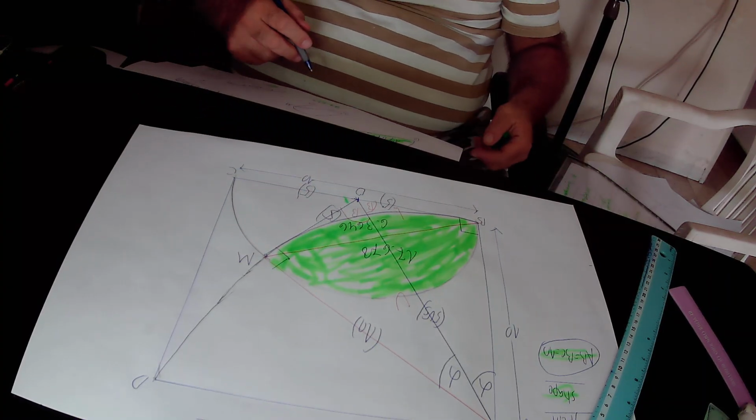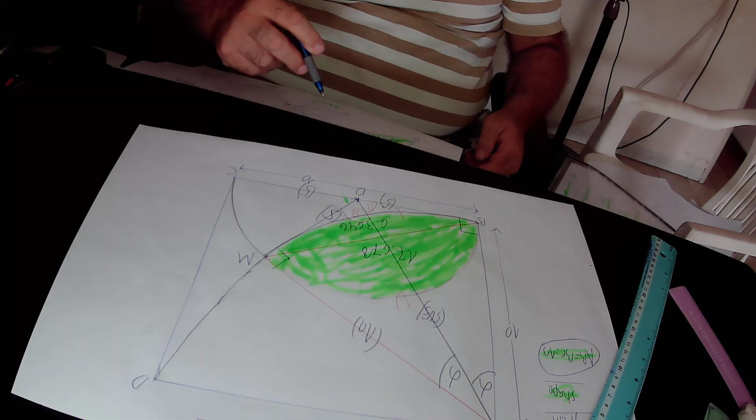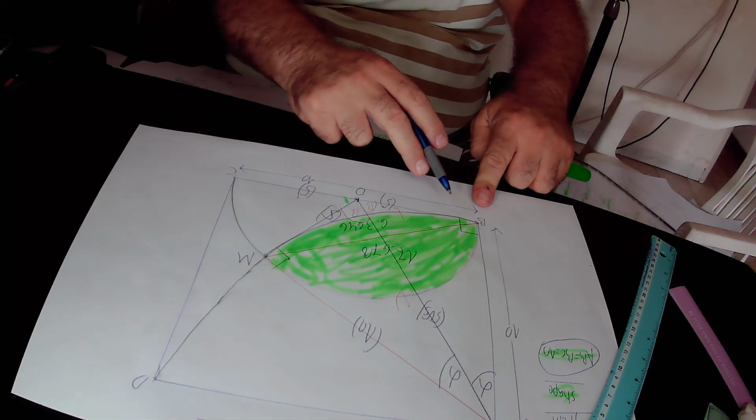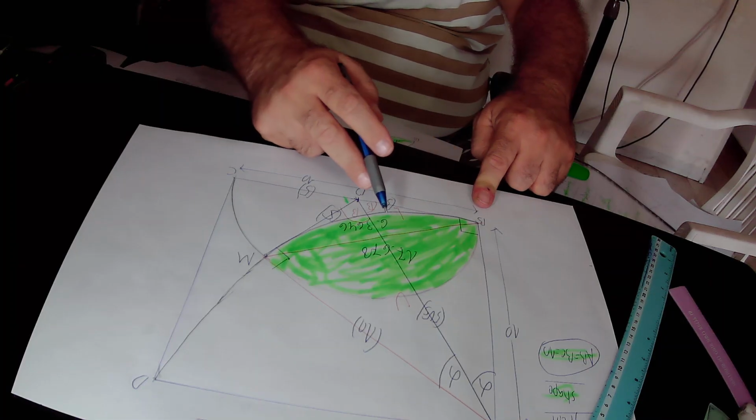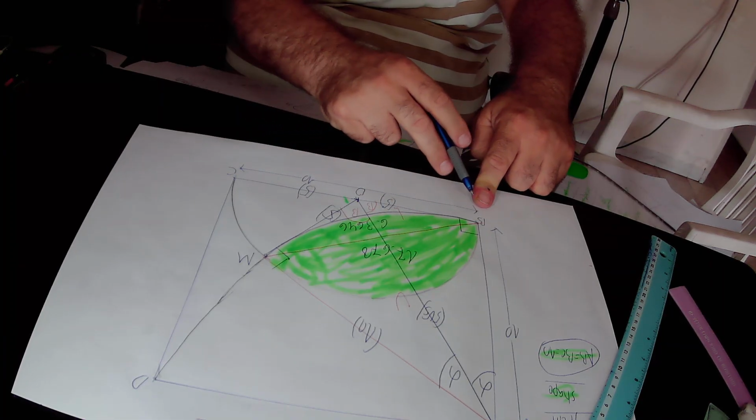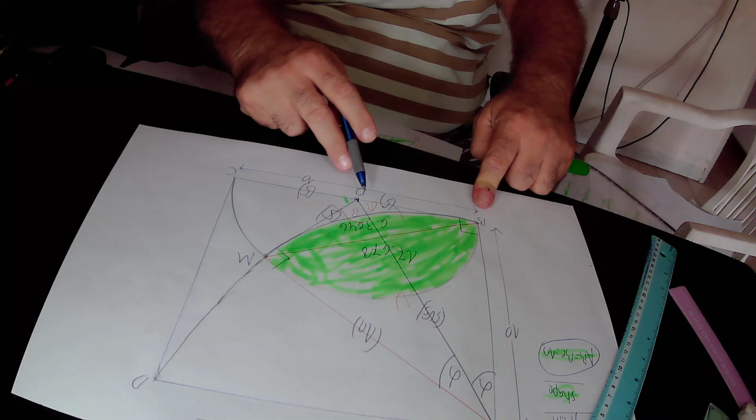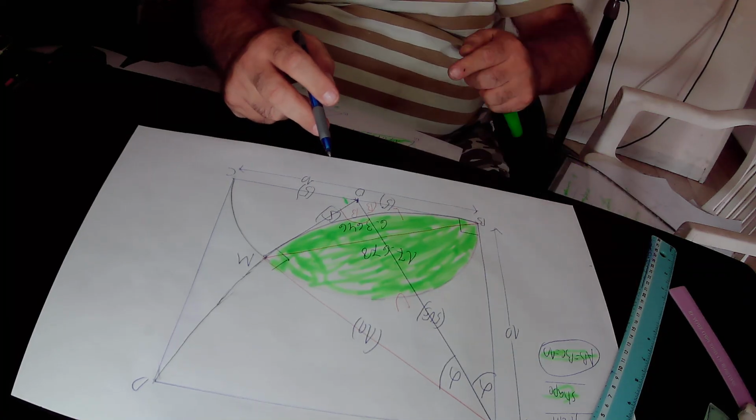And therefore, the area of this green shape equals the area of the upper segment BOM, that is 17.678, plus the area of this lower segment BLM, that is 6.3646 square units in size.